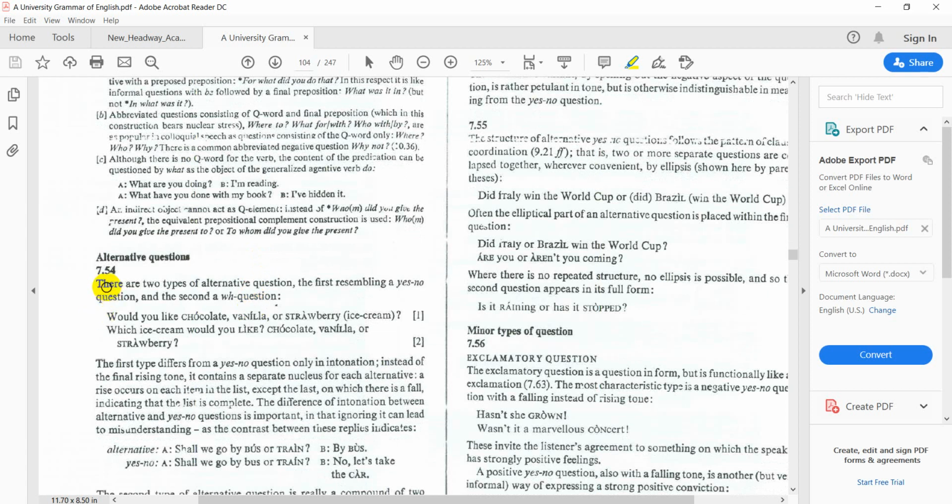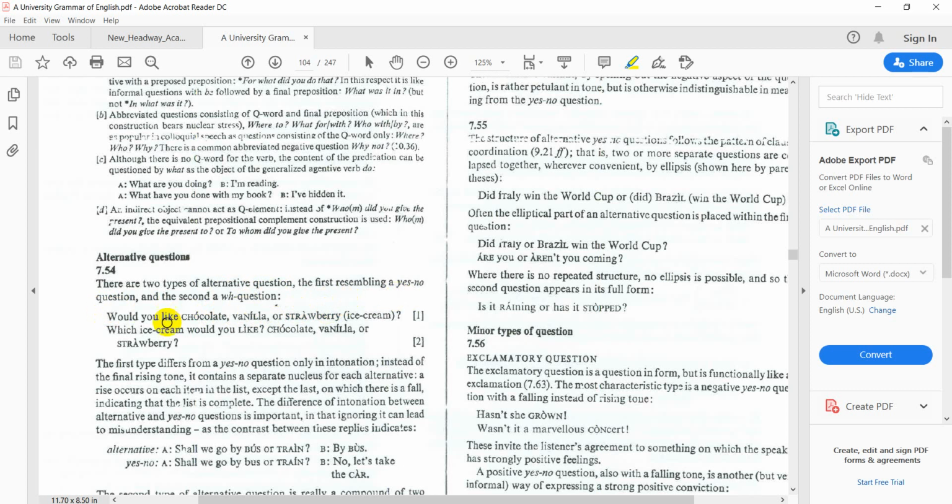Section 7.54. There are two types of alternative questions. The first, resembling a yes-no question, and the second, a WH question. How is that?